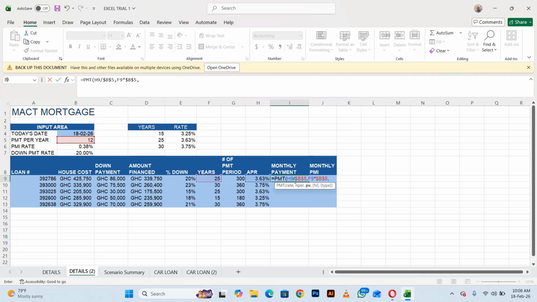You bring the comma. The next thing is the present value, and the present value is always the amount financed. And then you select the amount financed. But if you select the amount financed alone, the figure that you will get will be negative, because we want to know how much you will be paying.